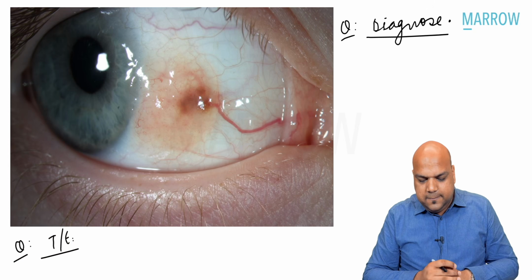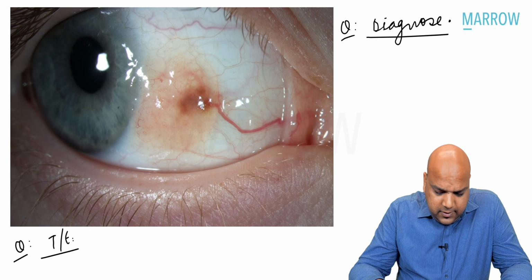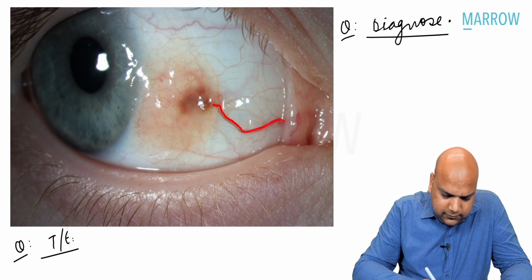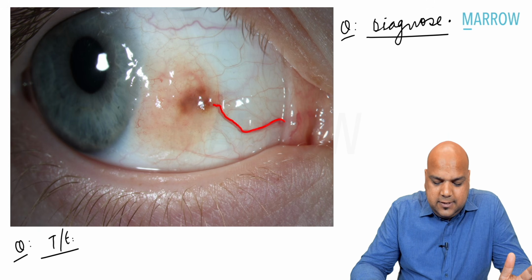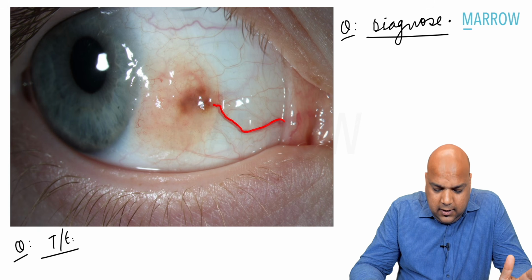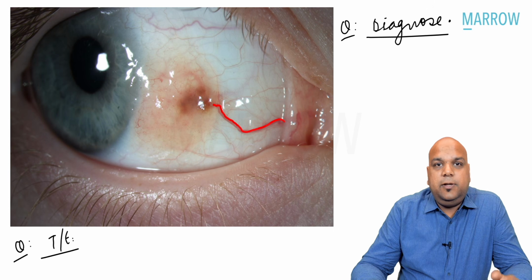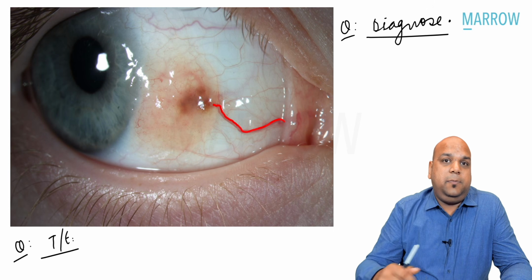Moving on, please. Okay, next question, diagnose. What is this? We see a blood vessel supplying some kind of brownish colored patch on the conjunctiva. Am I describing it correctly? Now, this is a very common presentation in the OPD. A lot of parents come with their children saying, sir, this brown mark has appeared and there is a blood vessel supplying it.